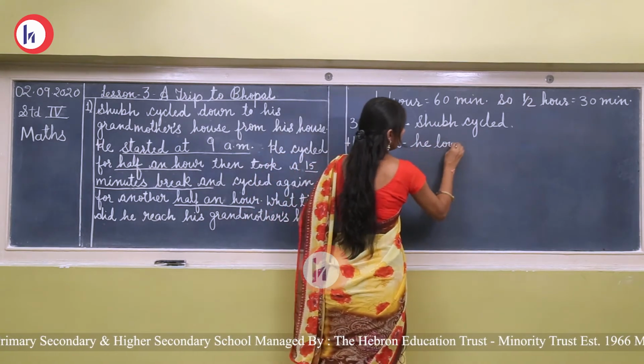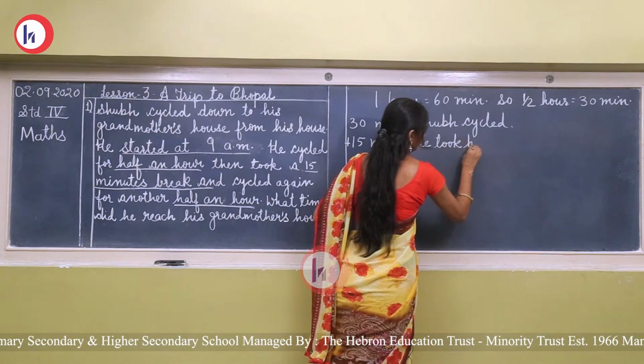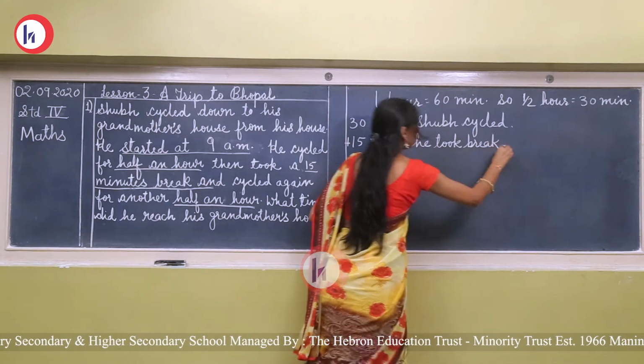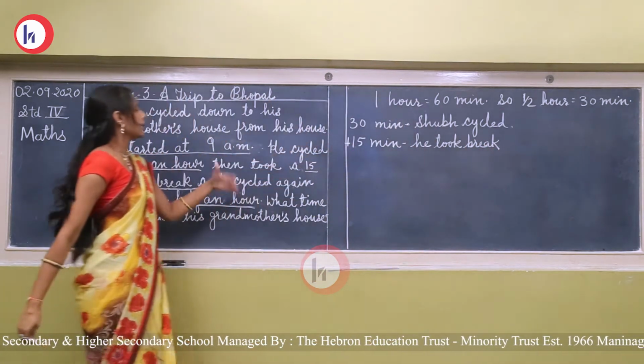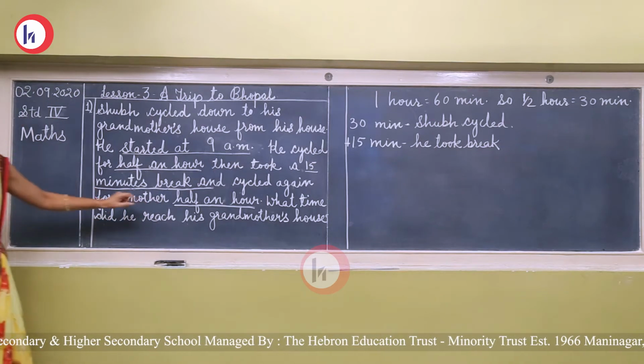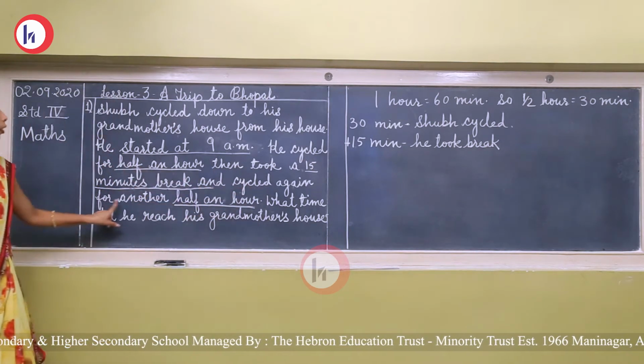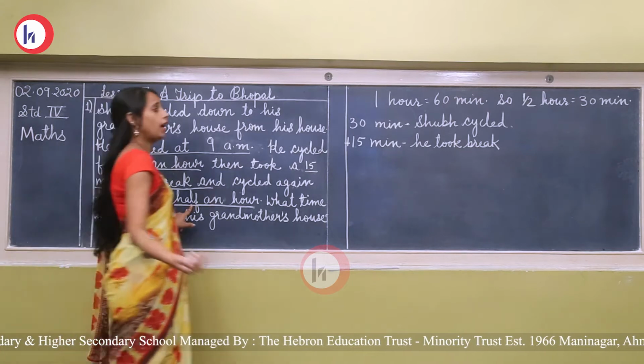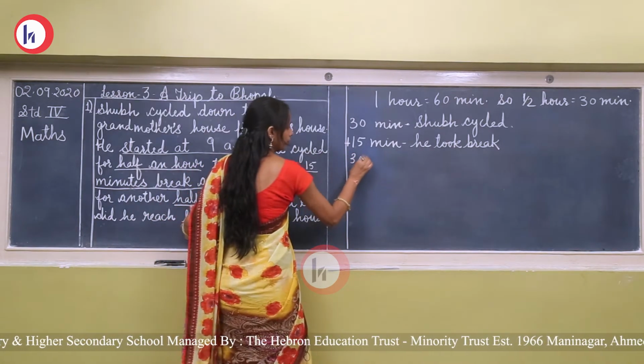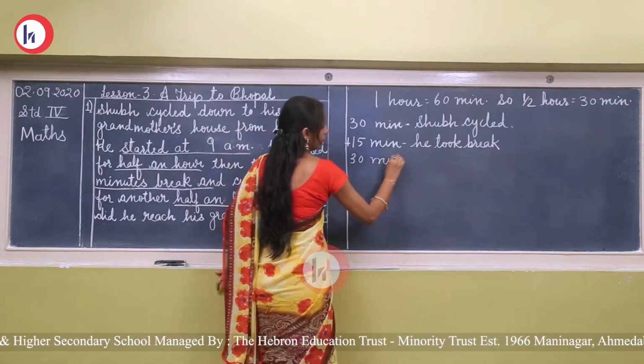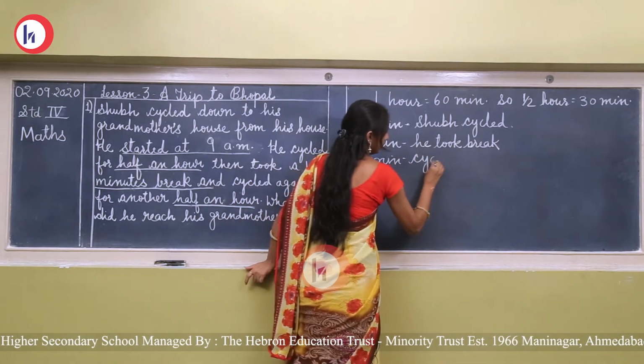After the 15 minute break he started cycling again, so he cycled again for another half an hour. That means 30 minutes.